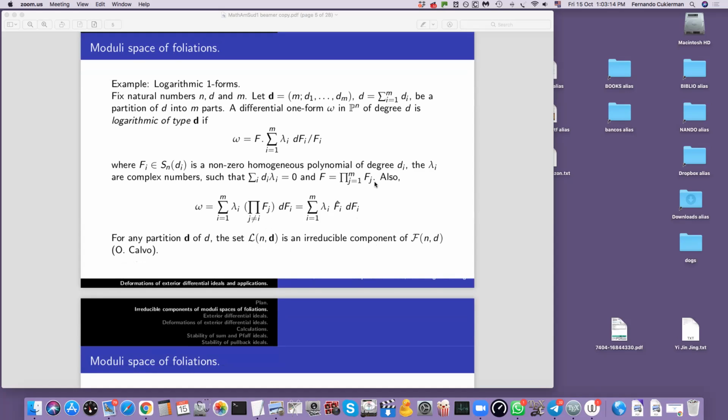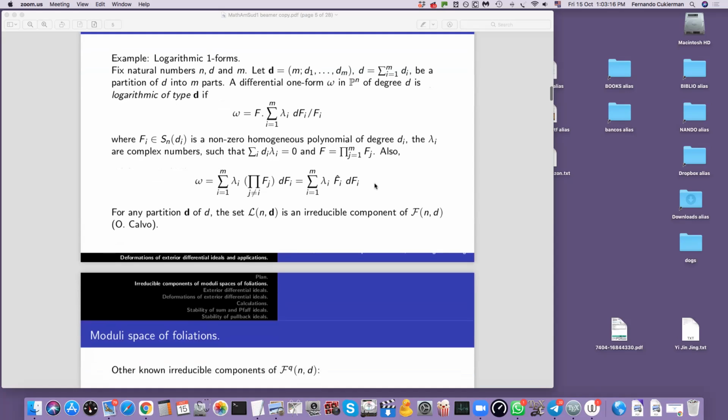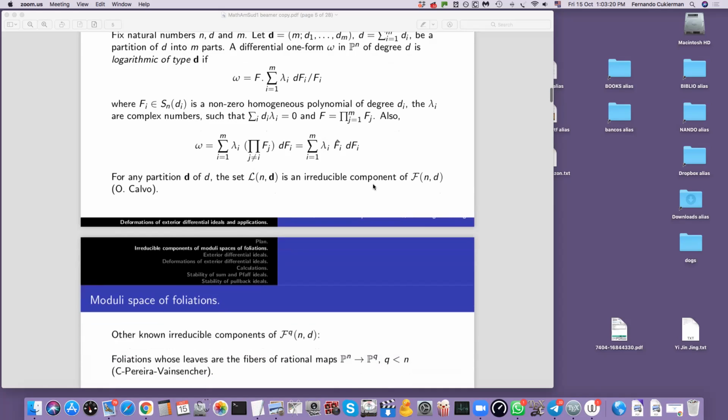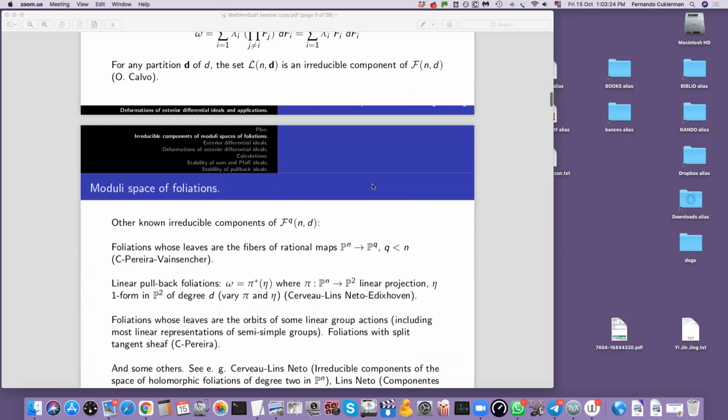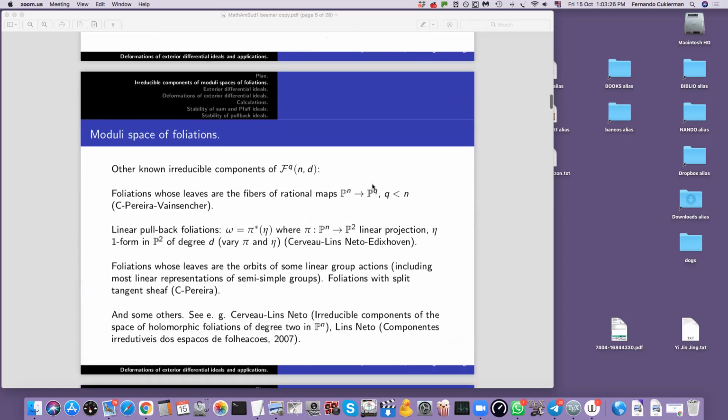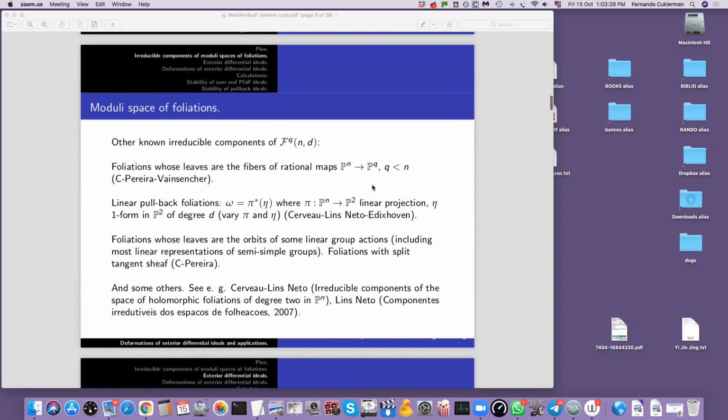These logarithmic components are not all of them. We know that there are others in most cases. Let me show you other types of integrable forms, other known components. Let me just do it in codimension q.